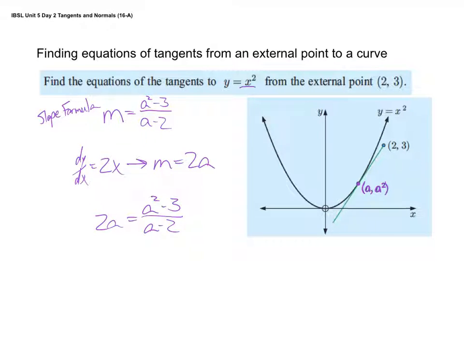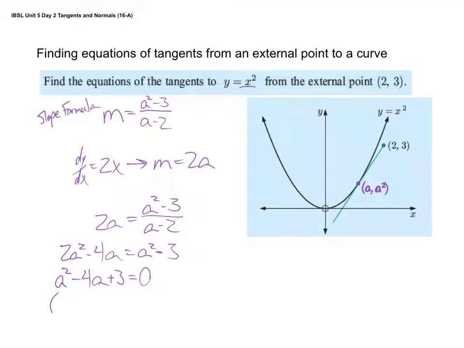So watch this. If I multiply by a minus 2 on both sides, I get 2a squared minus 4a equals a squared minus 3. If I get everything over to the left side, I'll have just 1a squared minus 4a plus 3 equals 0.